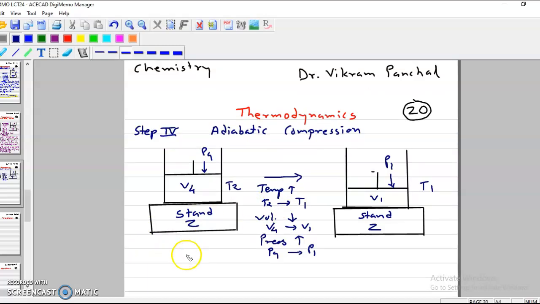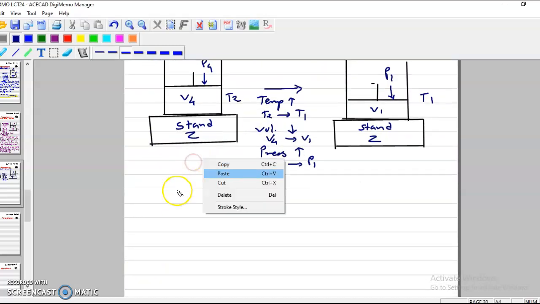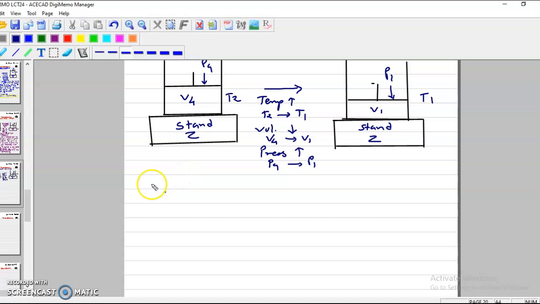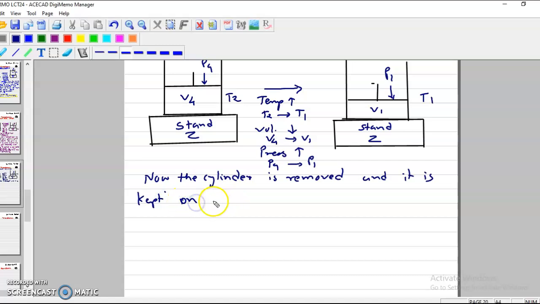Okay. Now we'll write something. Now the cylinder is removed and kept on stand Z, which is insulated.